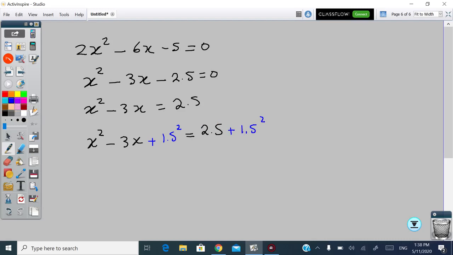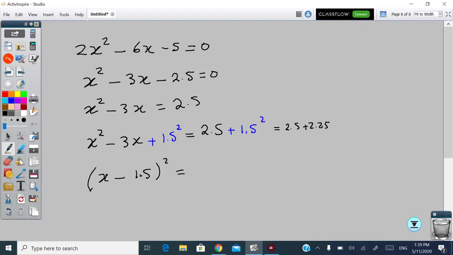Now you can write the left-hand side as a perfect square. The left-hand side is the root of the first, the sign of the second term, plus the root of the third, which is obviously the root of 1.5 squared, simply 1.5 whole squared. Now you need to think about this value. 1.5 squared is equal to 2.25.